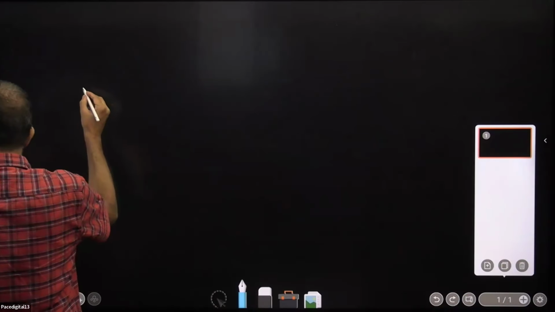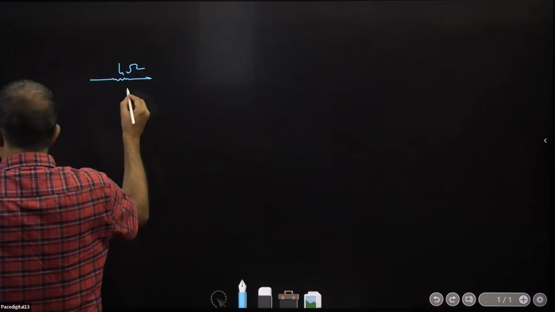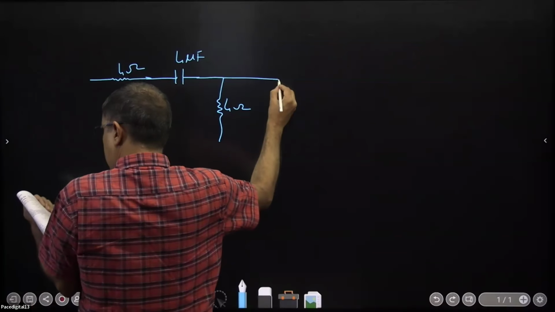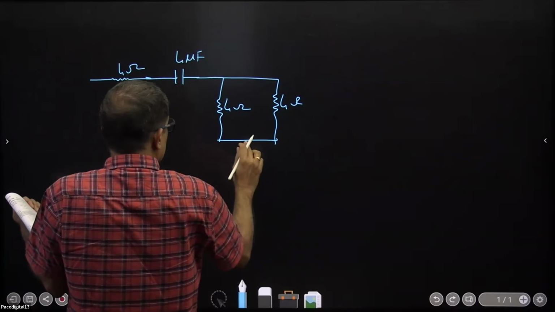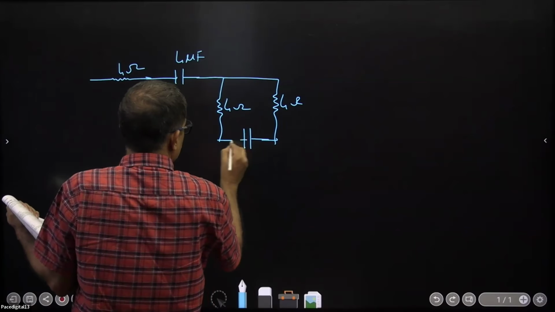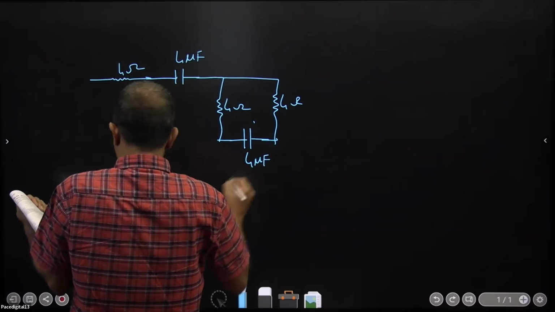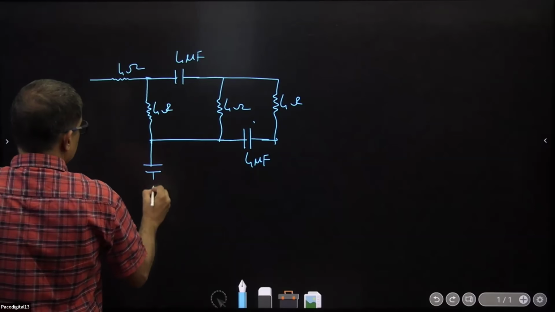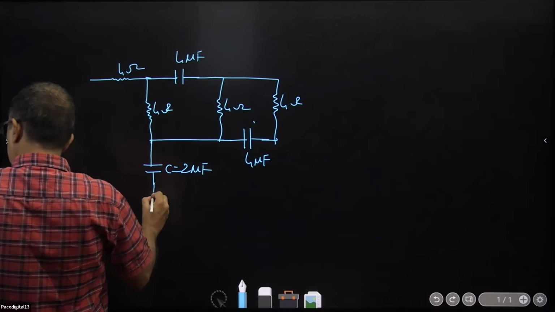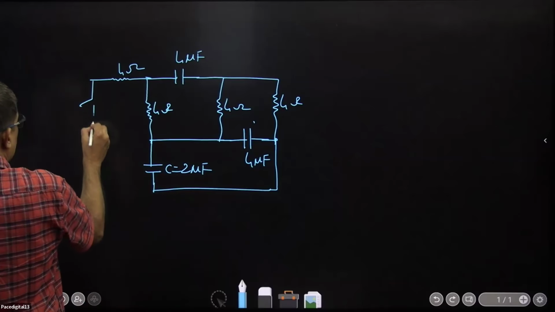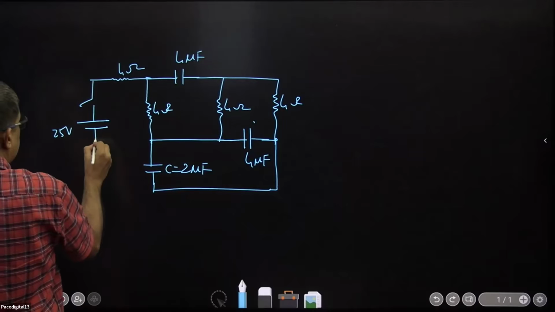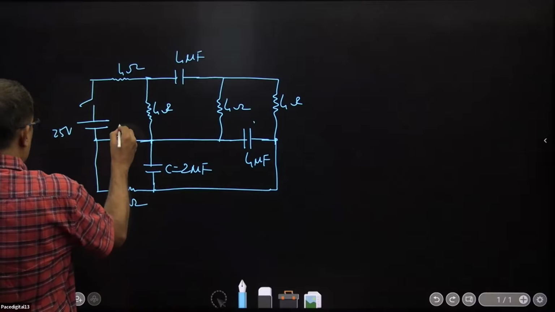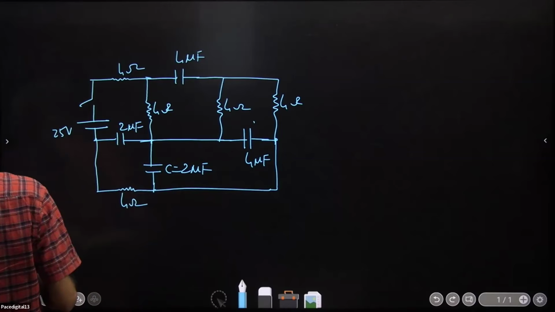Have a look. You have a 4 ohm resistance here. 4 microfarad capacitor. 4 ohm resistor. 4 ohm resistor. 4 microfarad capacitor. 4 ohm resistor. 2 microfarad capacitor. 25 volts. 4 ohms. 2 microfarad capacitor.